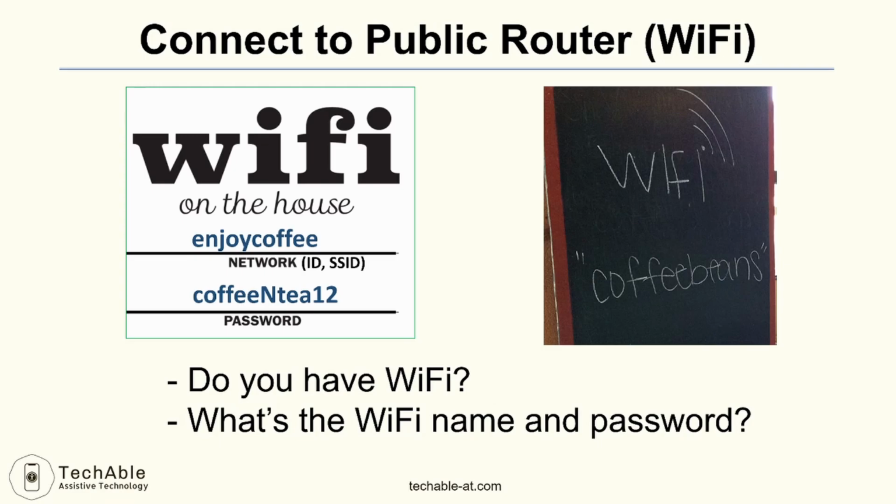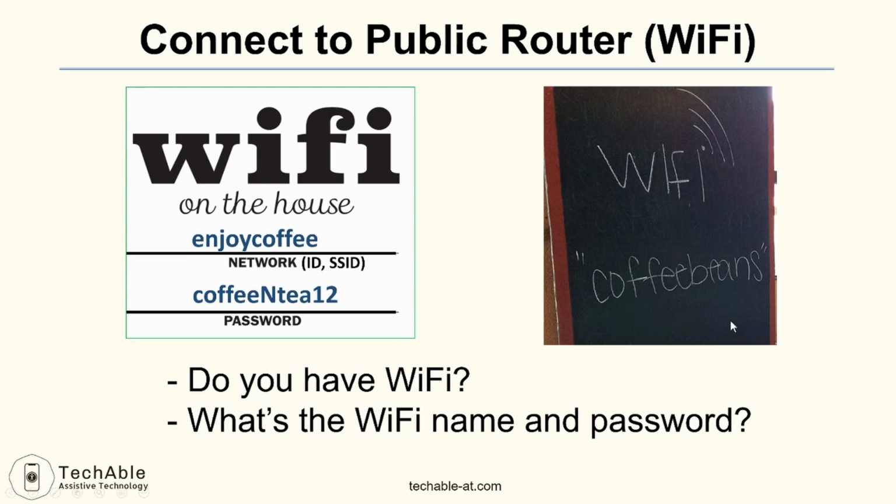And if the router is locked with a password, then it is provided as password, like it shows here. In many cases, only the router name is posted, like you see in this picture. So it only says Wi-Fi and Coffee Beans.